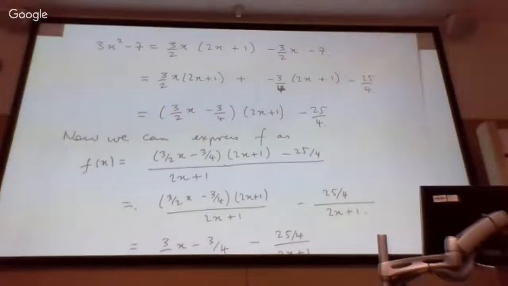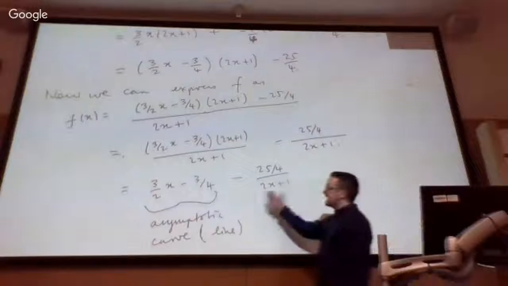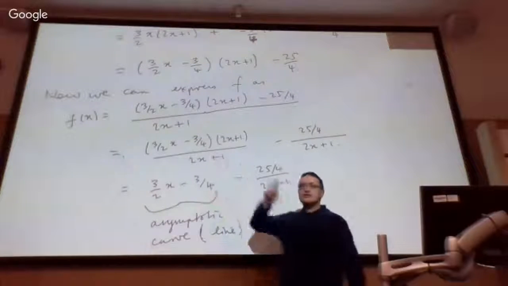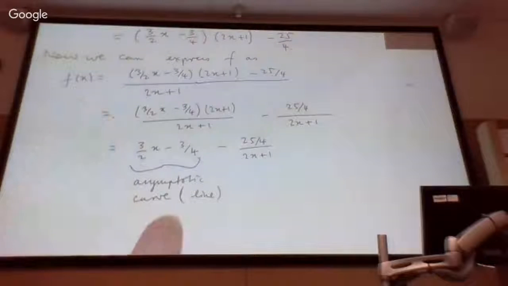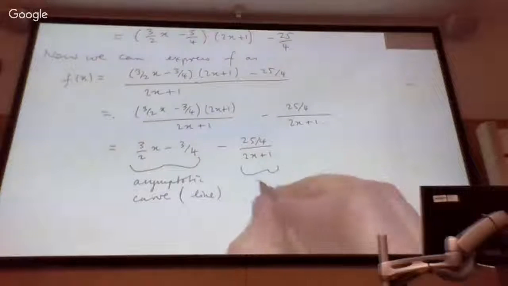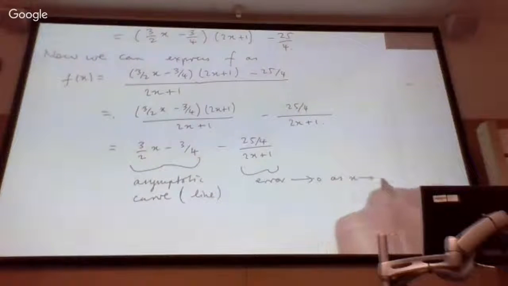So this is an asymptotic curve, or in this case specifically, it's a line, but more generally it might be a polynomial here. It's an asymptotic curve for the function f, because we've expressed f as this curve plus an error term, and the error term converges to 0 as x goes to plus or minus infinity.